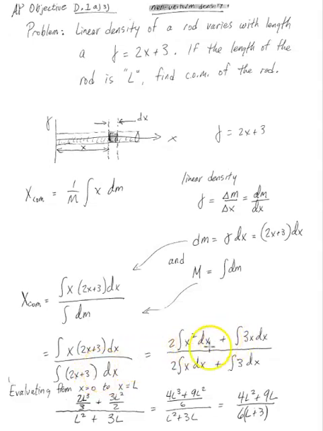And so now you can follow along the integration. I'm separating out the terms and integrating them separately. And then when I plug in my limits of integration, you can follow it along here. I come up with my final answer for the location of the center of mass of the non-uniform density rod right here, 4L squared plus 9L over 6 times quantity L plus 3.